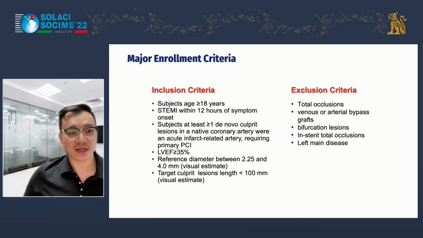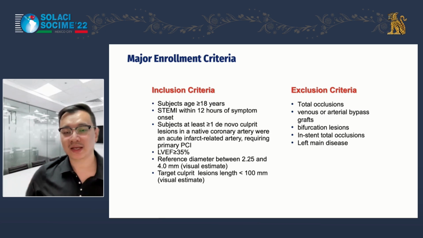The major inclusion criteria are age above 18 years old, and STEMI within 12 hours of symptom onset. Subjects have to have at least 1 de novo coronary lesion, LVEF above 35, reference diameter between 2.25 and 4.0, and total coronary lesion length below 100.